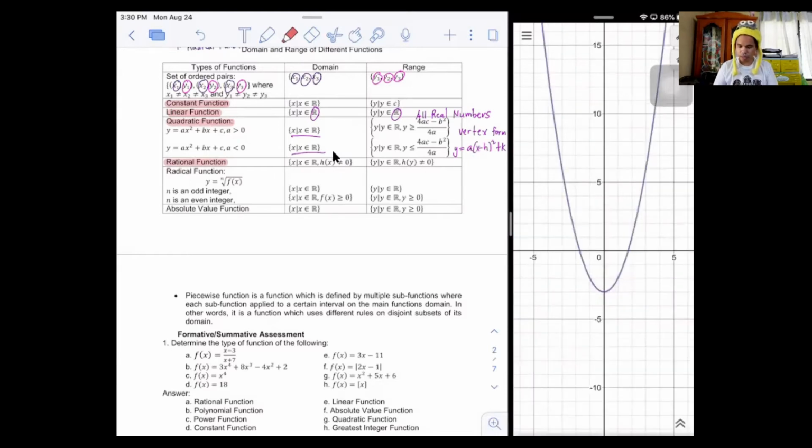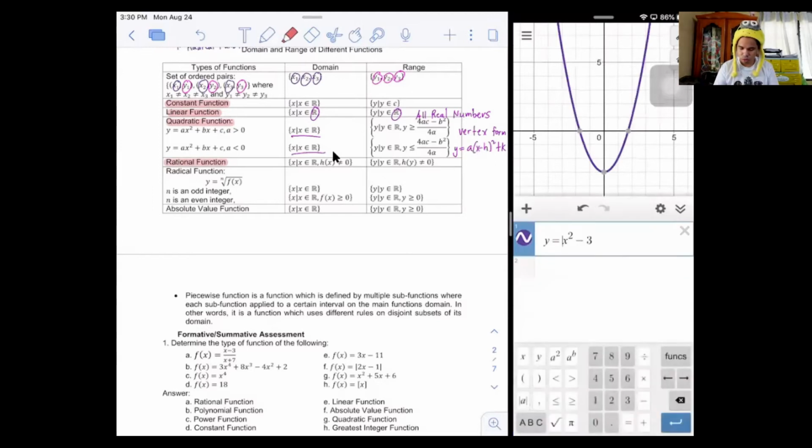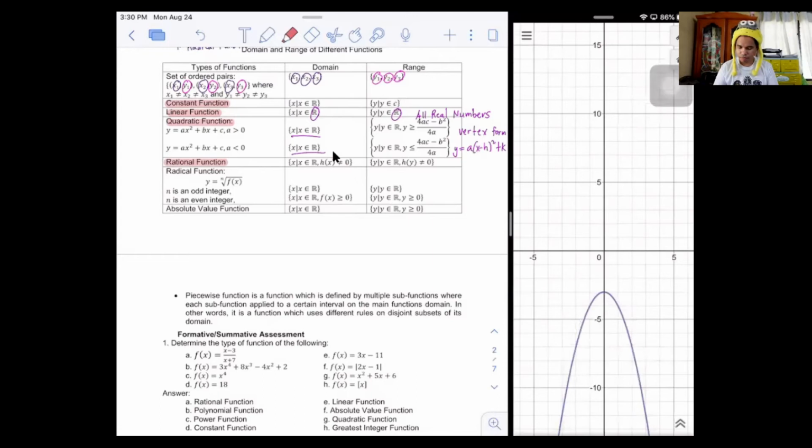So the graph looks like this. Still, it is a function, but dili na all real numbers ang range. So, this is an example of a parabola that opens upward. Pwede pud ni siya ibalik nga mo baligtad siya. Butangan nato og negative sa ubos. That's how you do it.